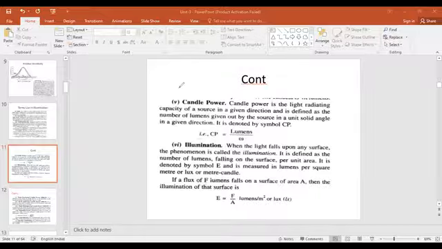Now candle power. Yesterday also this was discussed. What is the candle power? Candle power is again derived from the same formula of intensity. Candle power is the light radiating capacity of the source. What does it tell us? The light radiating capacity of the source in a given direction.